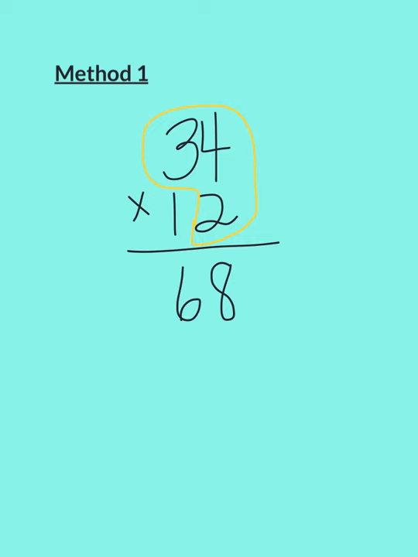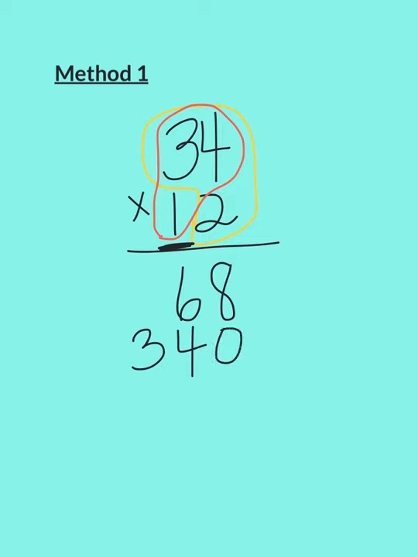Now the second thing that we're going to do is multiply 1 times 34. Now 1 times 34 is 34. However, since we are multiplying this 1, it's not actually a 1. It's not in the ones place, it's in the tens place. So it's not 34, it is 340.